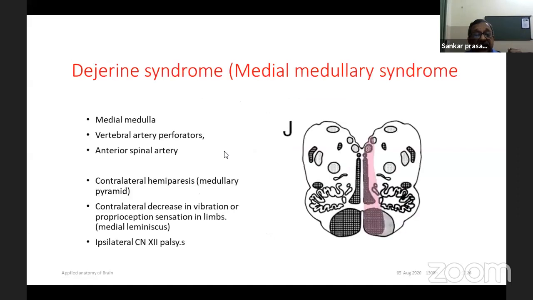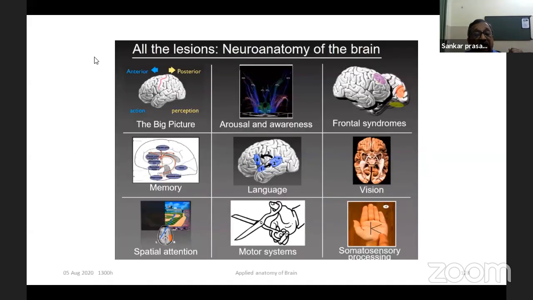So in this, all the lesions we have considered, we considered the big picture of the brain: the arousal and awareness, the frontal syndromes, the memory circuits, the language, the vision, the spatial attention, the motor homunculus, which was shown, and the somatosensory processing in the main brain.